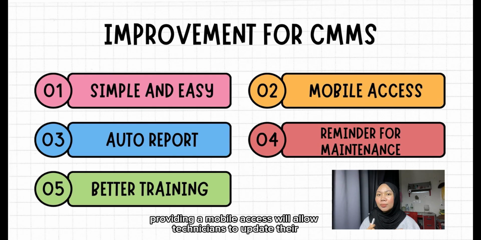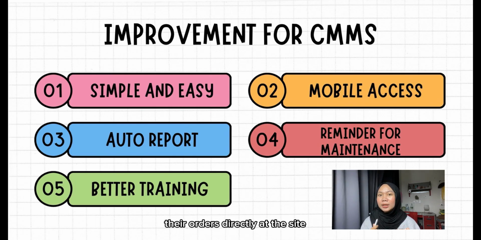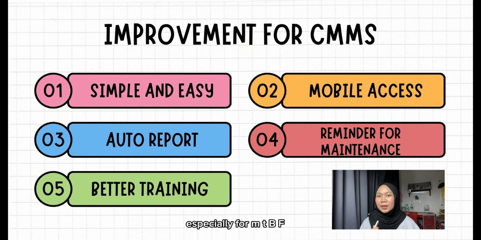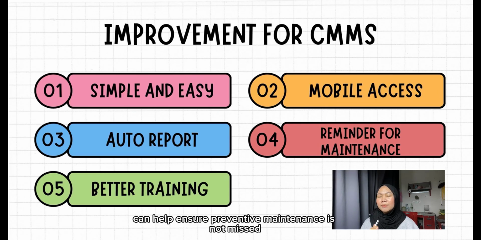Second, providing mobile access will allow technicians to update their orders directly at the site. Third, the system should offer automatic report generation, especially for MTBF, MTTR, and failure analysis. Fourth, a notification and reminder system can help ensure preventive maintenance is not missed.